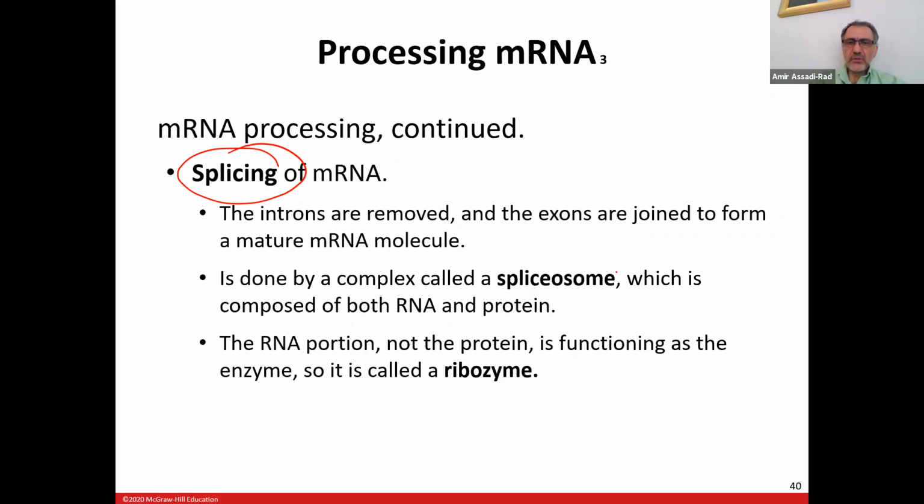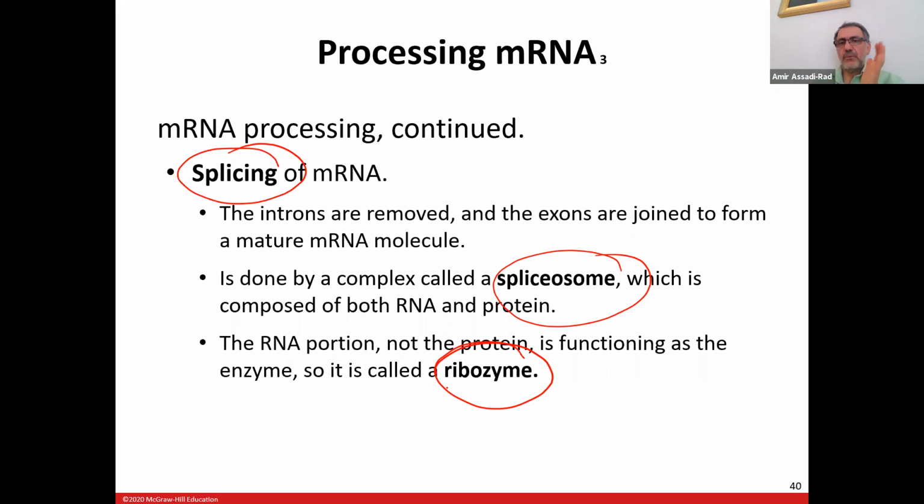There is a protein molecule called the spliceosome, and that puts the exons together. And there is an enzyme. This is a quiz question: it's called ribozyme. Ribozyme is an enzyme. Before ribozyme was discovered, textbooks wrote that all enzymes are made up of protein.